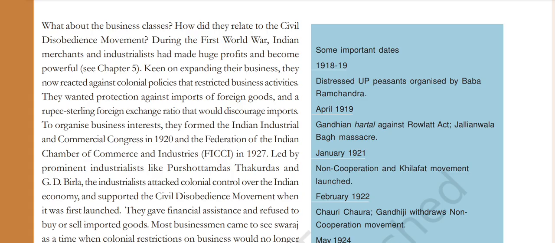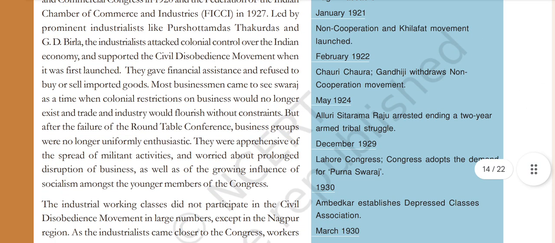The industrialists attacked colonial control over the Indian economy and supported the civil disobedience movement when it was first launched. They gave financial assistance and refused to buy or sell imported goods. Most businessmen came to see Swaraj as a time when colonial restrictions on business would no longer exist and trade and industry would flourish without constraints.